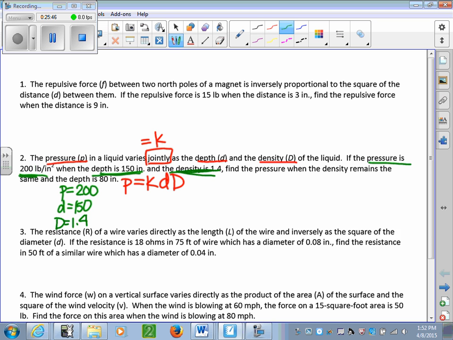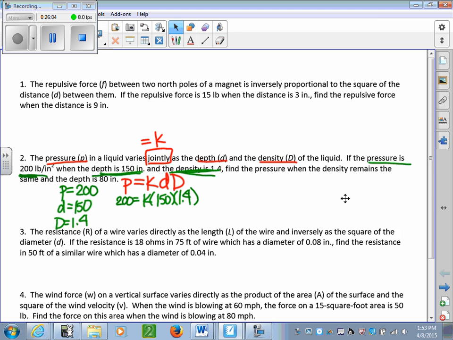Alright, so I'm going to plug these into the equation I set up and solve for K. So P is 200 equals K, which I'm going to find, times little d, 150, times big D, 1.4. Now I'll solve this. 150 times 1.4, put that on your calculator, gives me 210.